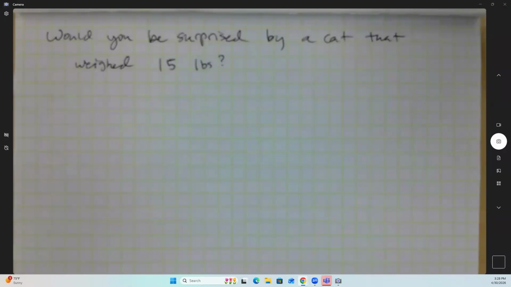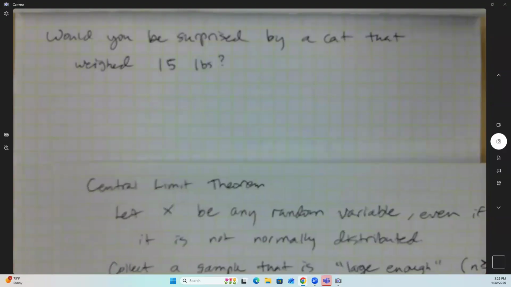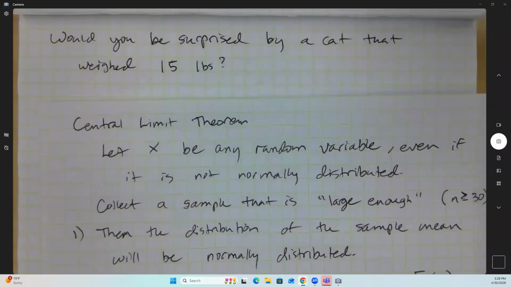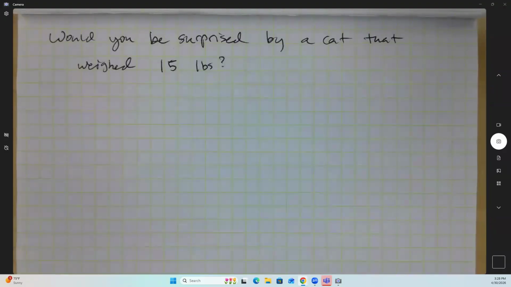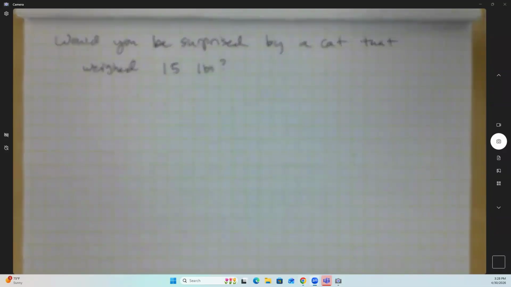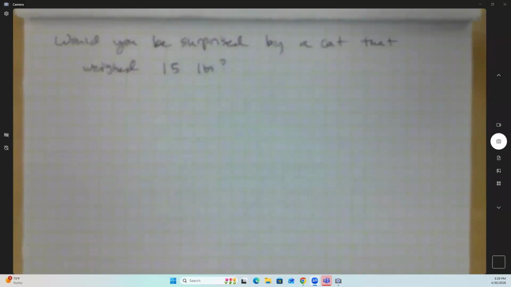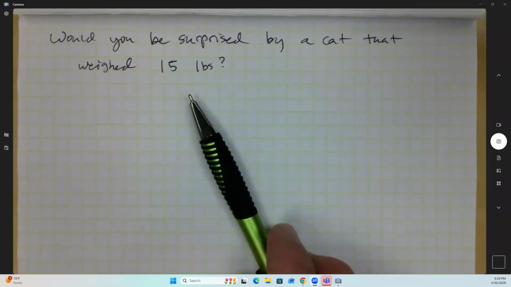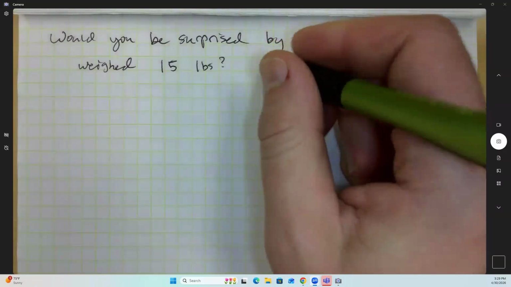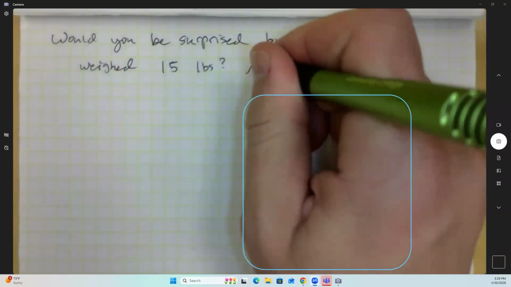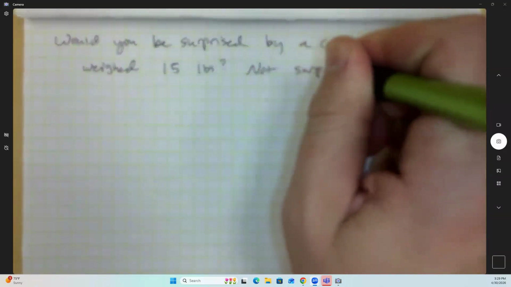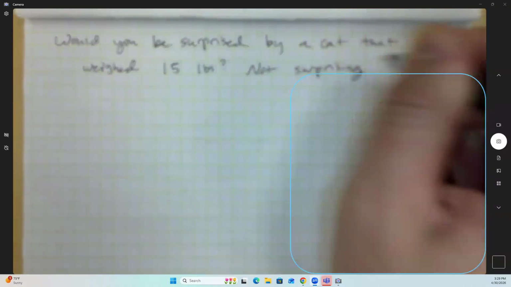Talk with your neighbor, decide if that would be a surprising observation to see a single cat that weighed 15 pounds. Go ahead. Thinking that it wasn't surprising because it was within standard deviation.